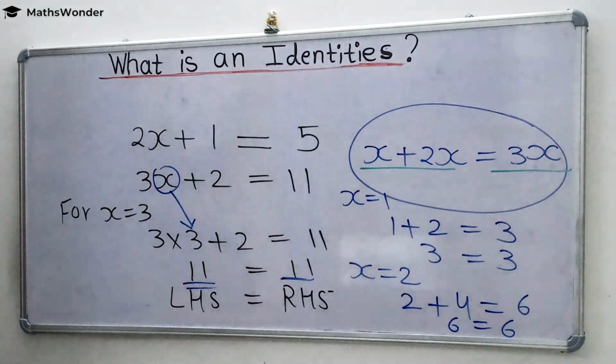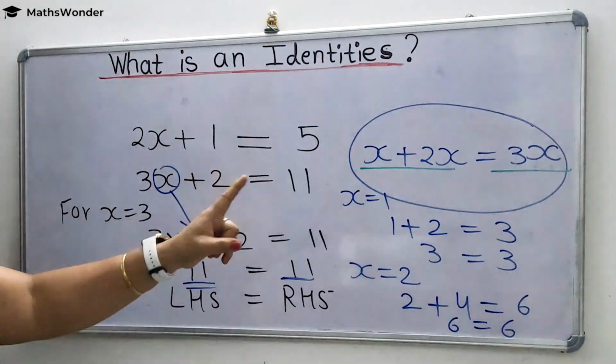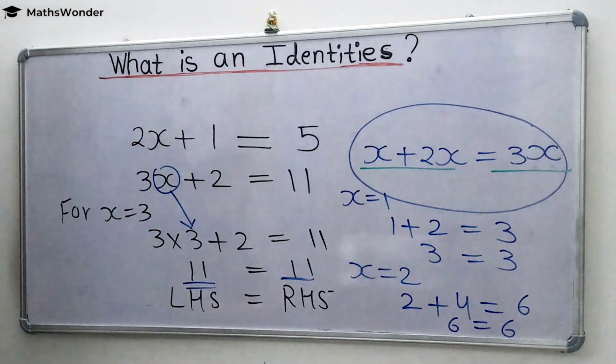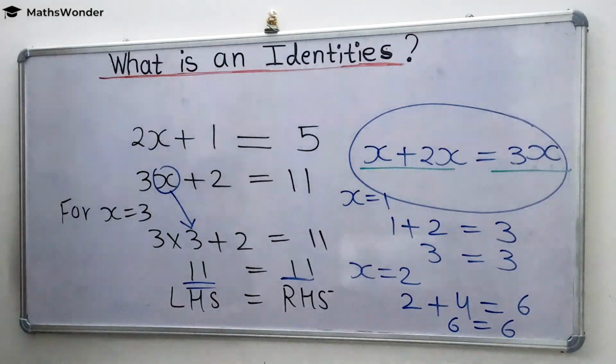Understood the difference? In a linear equation, only one value will work, but in identities, any value will work. So an identity is an equality which is true for all values. Understood the concept? Okay, now see more.